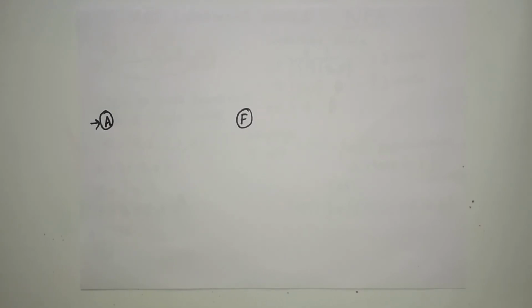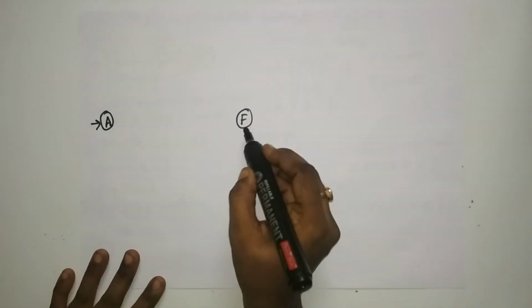In that case, the distance is the input to reach the final state F, and in between you can have other states.